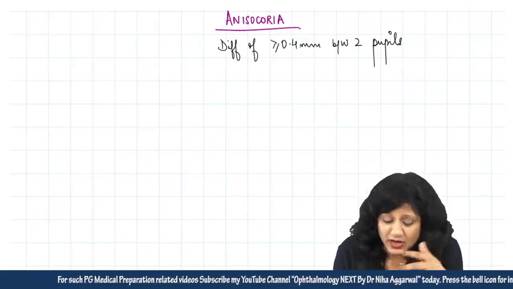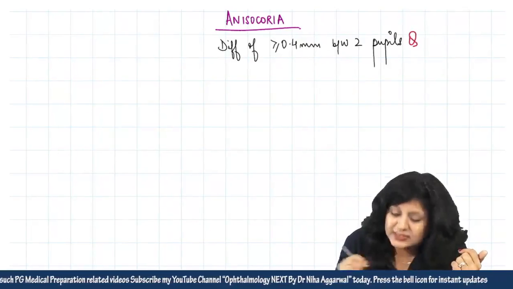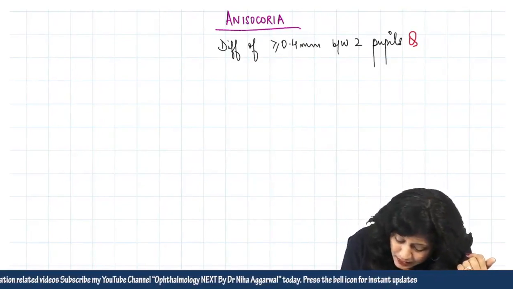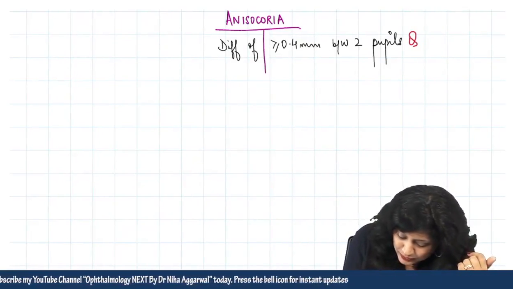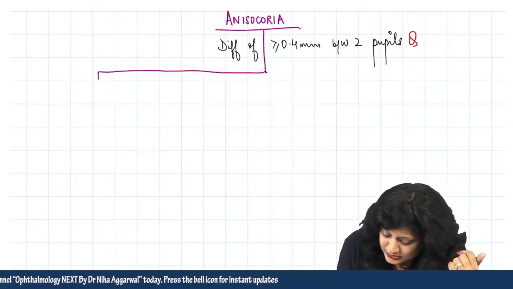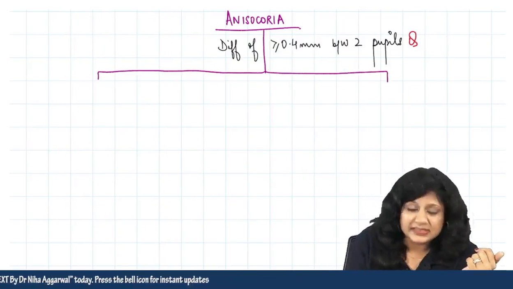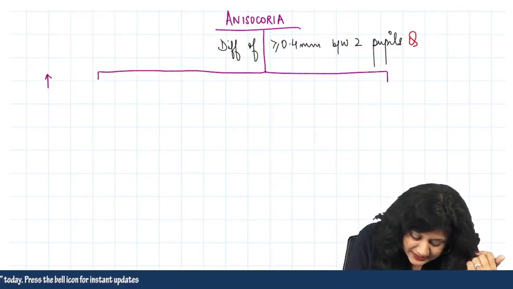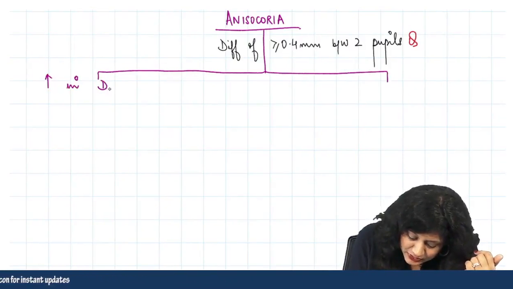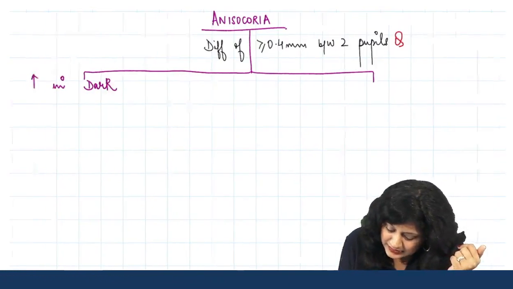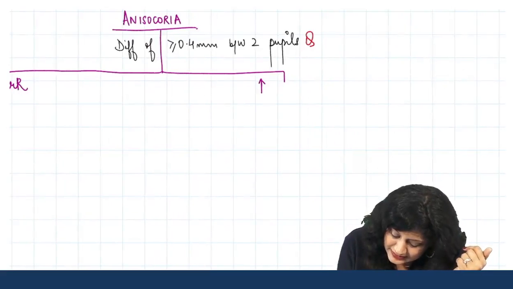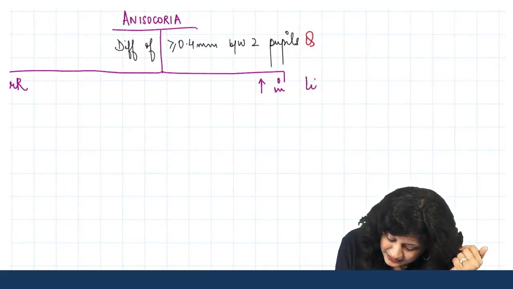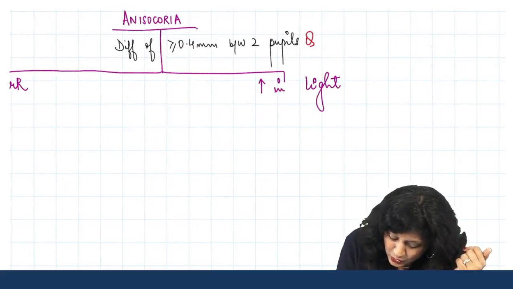So even the definition itself is important. Now how to interpret it? You have to see whether this anisocoria is increasing in dark conditions or in lighted conditions. You have to see this one by one.